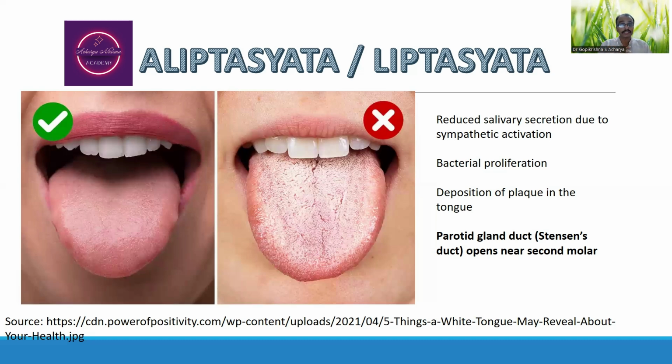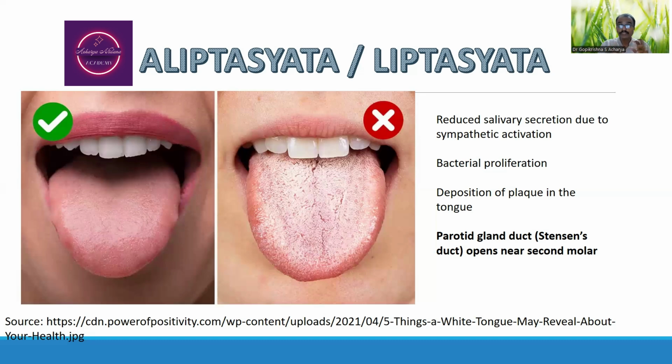So as the person is having more consumption of a carbohydrate rich diet, there will be a possibility of proliferation of bacteria in the oral cavity.